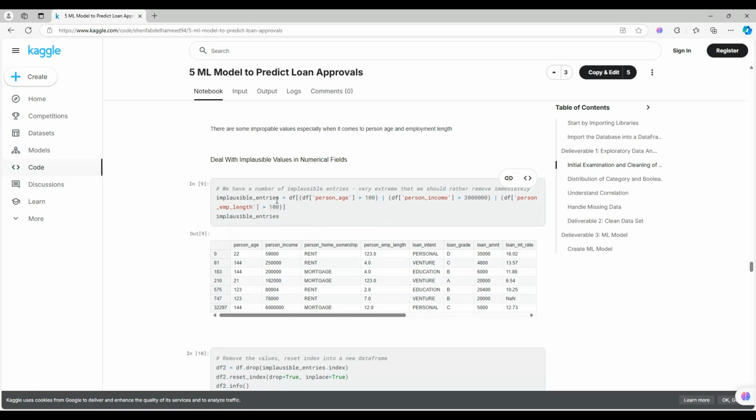Yeah, and then anything more than that. This sign signifies, when we are addressing a data frame in pandas, an or. Likewise, this. So these extreme values, you can of course deal with in a number of different ways.